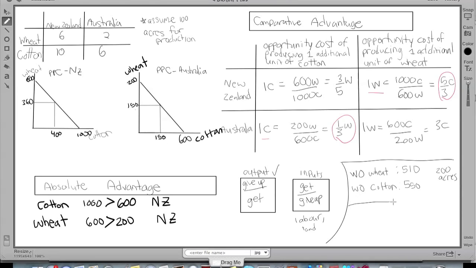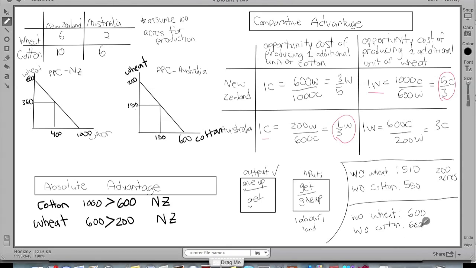So that's before trade. And now if we look at after trade, the world output of wheat, and we're using comparative advantage values. So with the comparative advantage in wheat, we would see that they are producing 600 units of wheat. And the world output of cotton is also going to be 600 because Australia is going to be producing cotton.